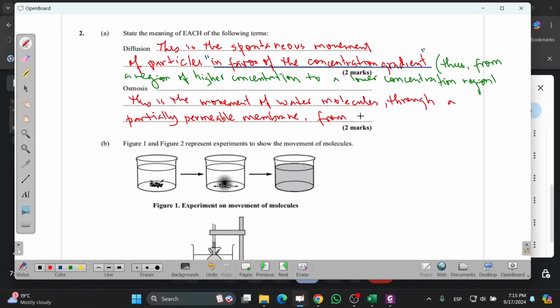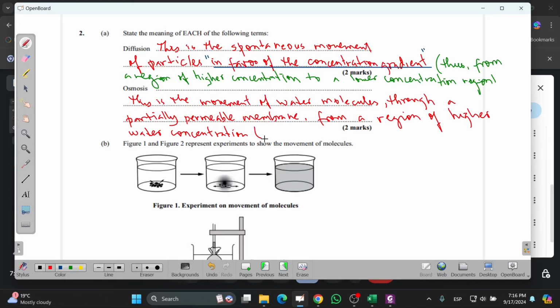From a region of higher water concentration. This means lower solute concentration.